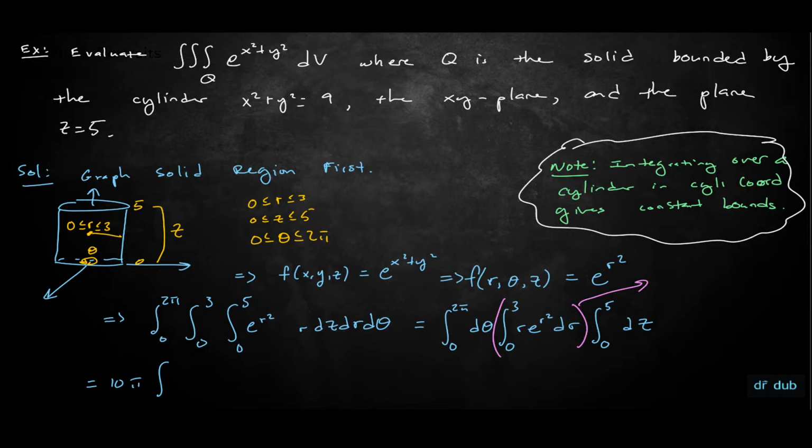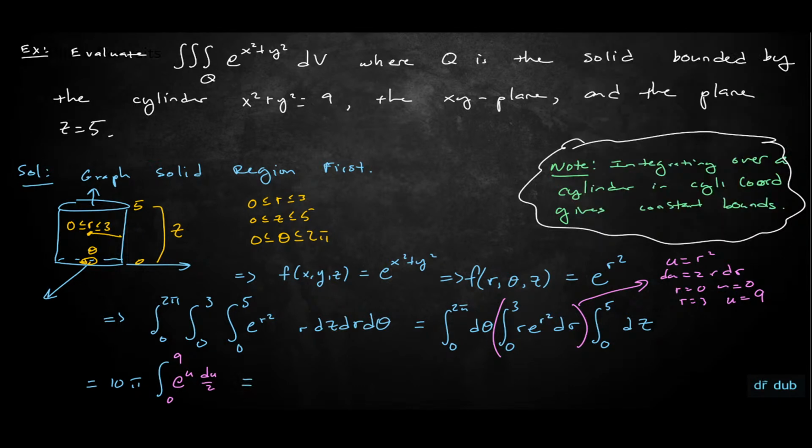So the second integral, we're going to do u equals r squared. du is 2r dr. And if r equals 0, u equals 0. If r equals 3, u equals 9. This can become integral 0 to 9 e to the u du over 2.